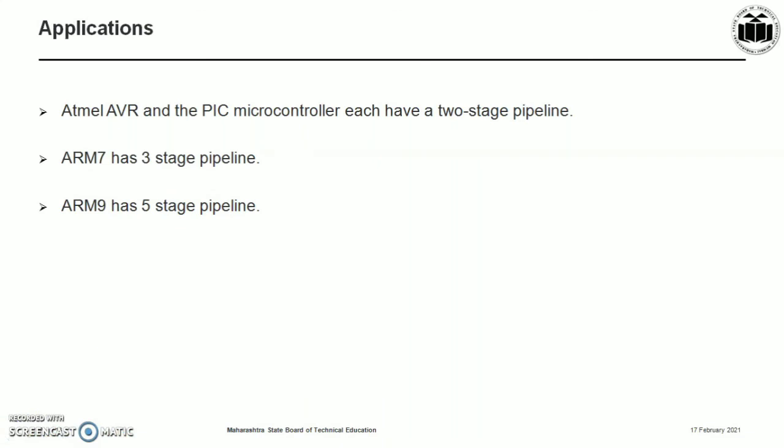These are some applications. Atmel AVR and PIC microcontrollers each have a two-stage pipeline. ARM7 has a three-stage pipeline. ARM9 has a five-stage pipeline.